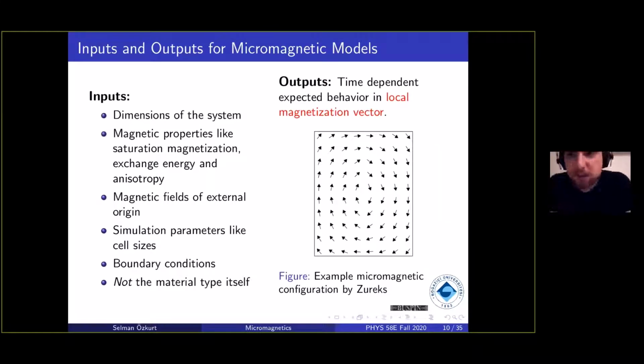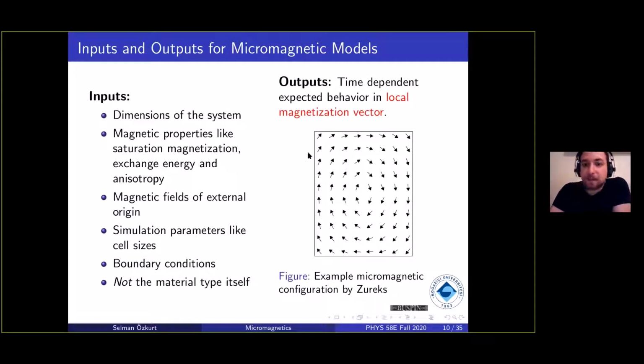Then, what we arrive at is what we should be given as input to a micromagnetic model and get as output. The output, as we discussed just previously, is the distribution of a magnetization vector.